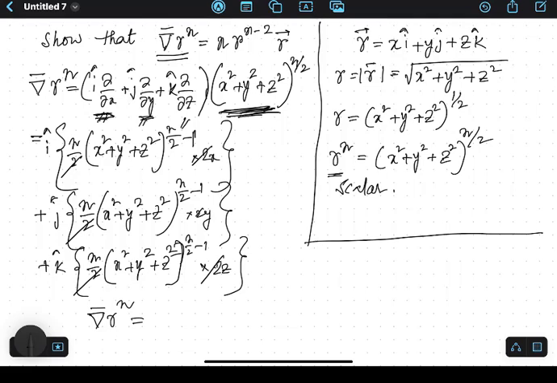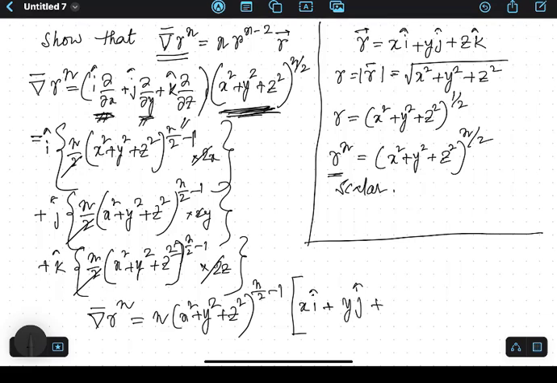I can take n, x square plus y square plus z square to the power of n by 2 minus 1 common, and I have, from the first bracket x i cap, second bracket y j cap, and third bracket z k cap. So this quantity comes out, you can take common from every term, from the i bracket, j bracket and k bracket.